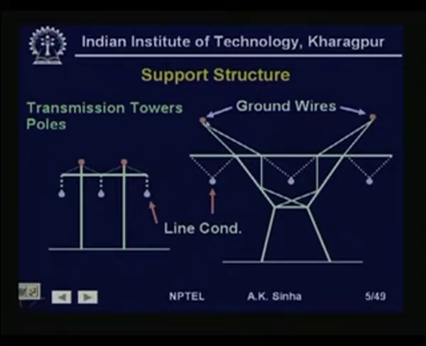So, these are mainly there to protect the phase conductors from direct lightning stroke, because these provide a much lower resistance path to the lightning current than what will come through the phase conductors, and therefore, if lightning strikes directly, it will strike these ground wires which are much above the phase conductors and will be grounded.